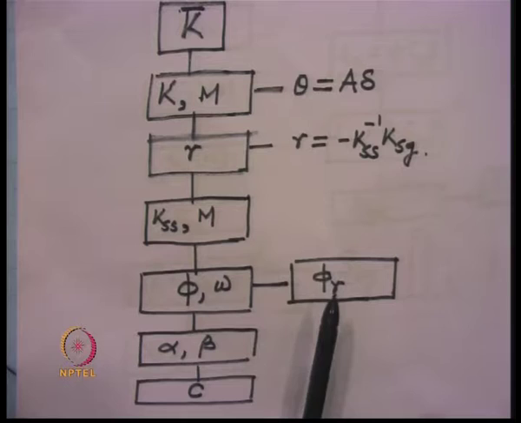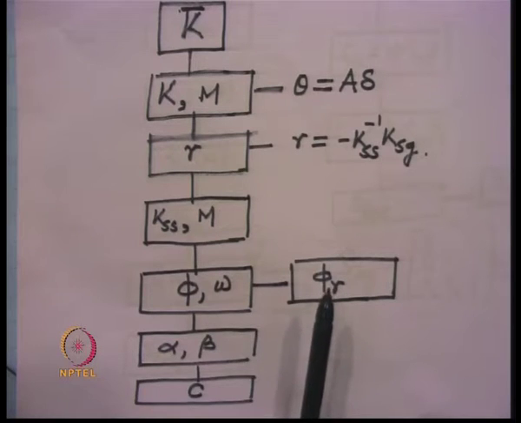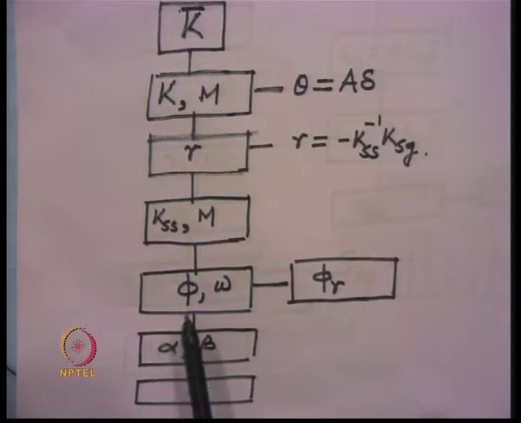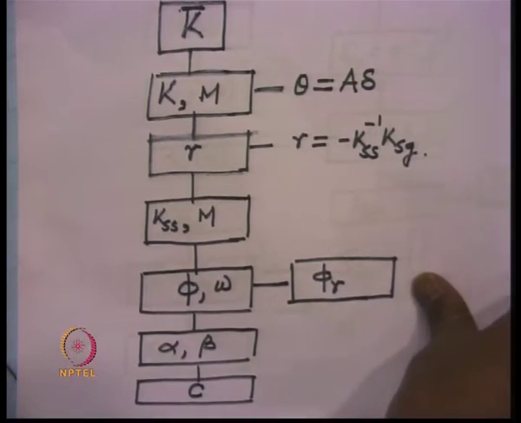So, depending upon the response quantities that we want, we can have a phi_R matrix and that can be stored. From the frequencies one can obtain alpha and beta coefficients and then construct the required C matrix.